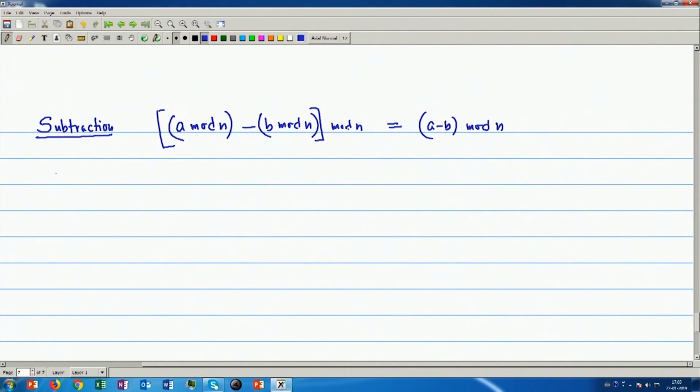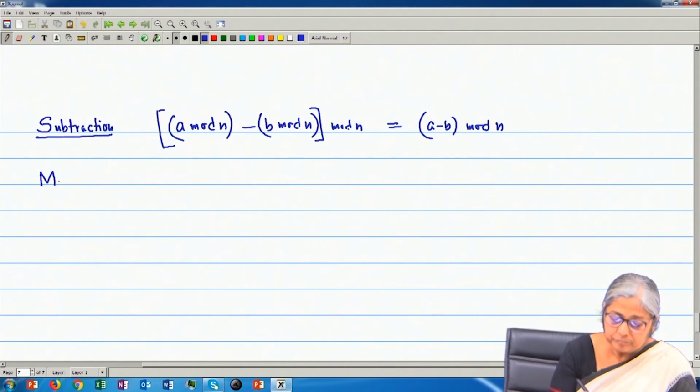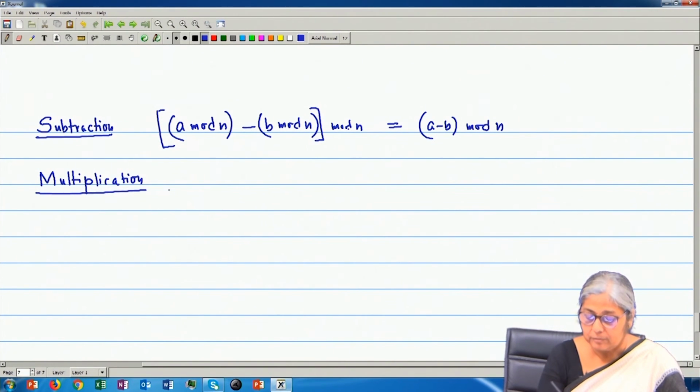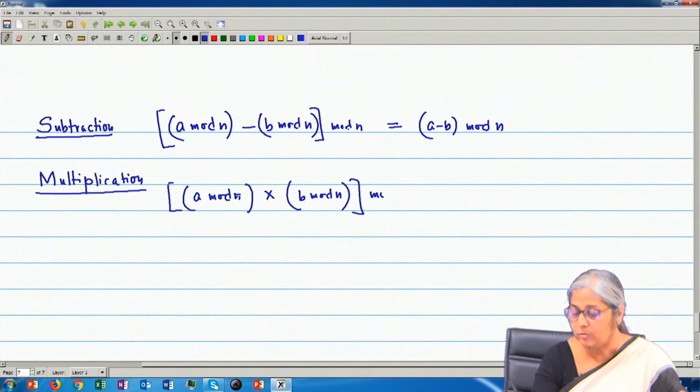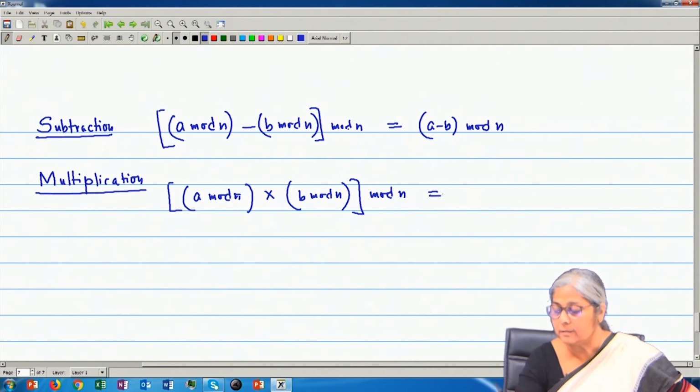Now, the multiplication property: a modulo n into b modulo n, and we take modulo n again, is a into b mod n.